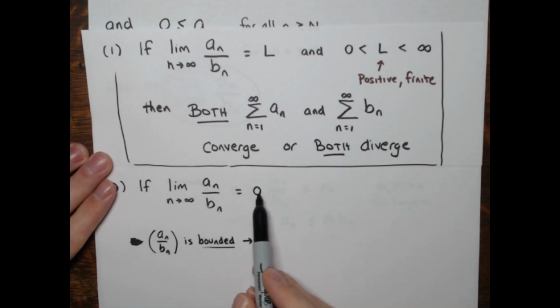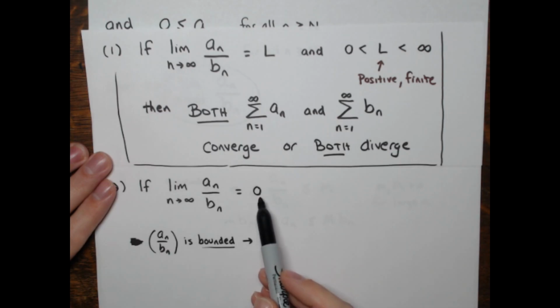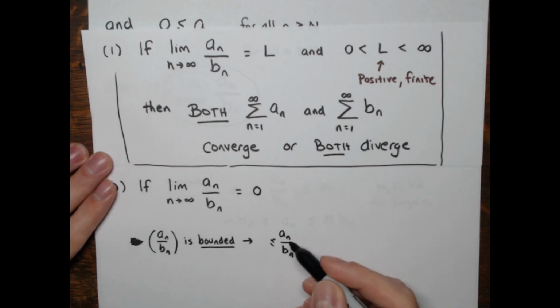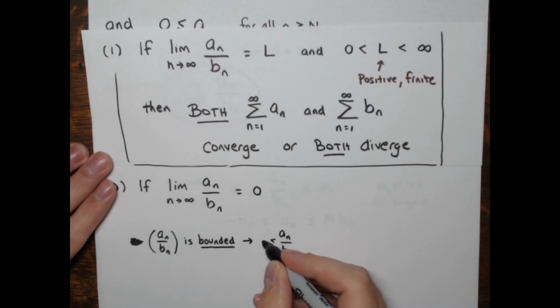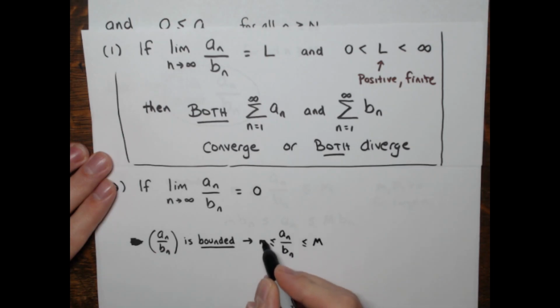If some sequence is convergent, this sequence of ratios here converges to zero. Remember, if a sequence is convergent, then it is bounded. So a sub n over b sub n would have to be between some m and capital M, but because the limit's zero, and these are all non-negative terms, let's put zero down here.